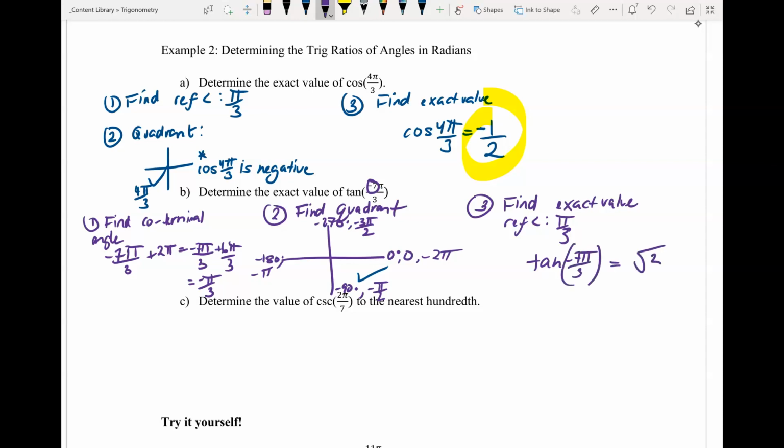So root 3 is part of our exact value. And then from step number 2, we figured out that tan negative 7 pi over 3 is going to be negative because this angle of negative 7 pi over 3 is in quadrant 4 and tan is negative there. So this is our final answer, negative root 3.